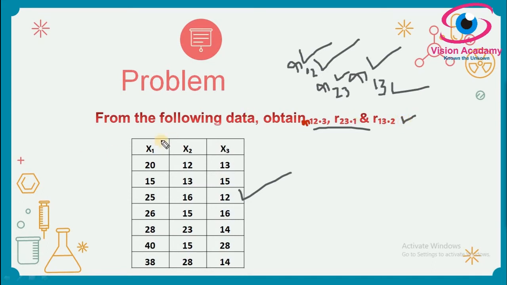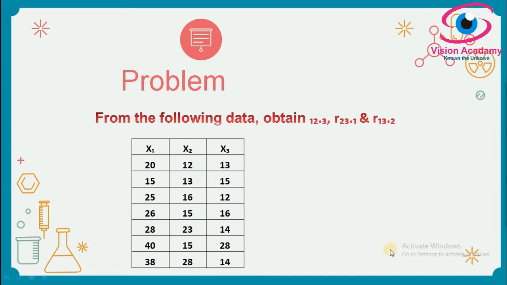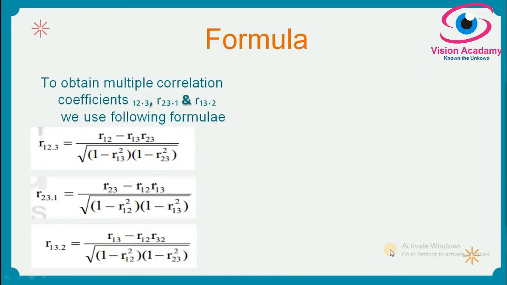So here we have three variables, x1, x2 and x3. Their respective observations are also given. Then let us go for the calculation. So this is the formula to obtain R12.3, R23.1 and R13.2. But as I told you, here we need some information, namely R23, R13 and R12.